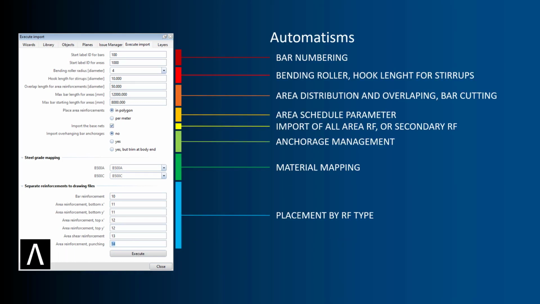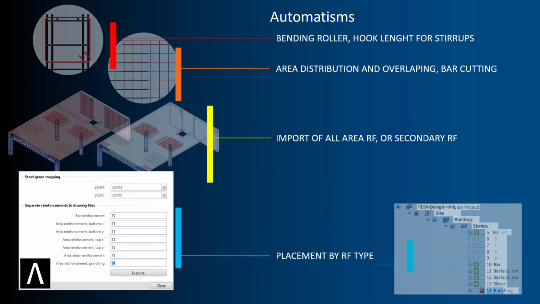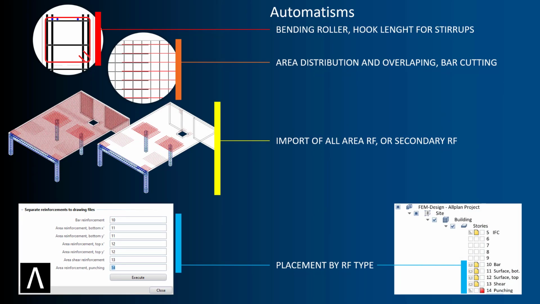These setting options drive some very useful and effective automatic operations, like automatic bar numbering, management of bar anchorages, rebar steel grade mapping between FEMDesign and Allplan, automatic hook assignment to stirrups, automatic slicing and overlapping of area reinforcement, importing of all area rebars or just the secondary ones without the base nets, and with the last option, we can match the drawing files of the host Allplan project with the imported reinforcement by types, options, and/or directions.